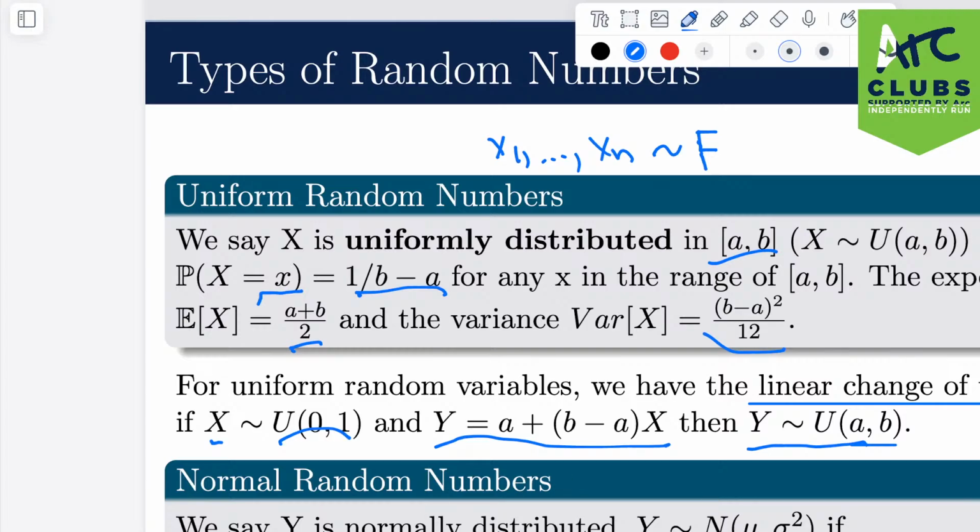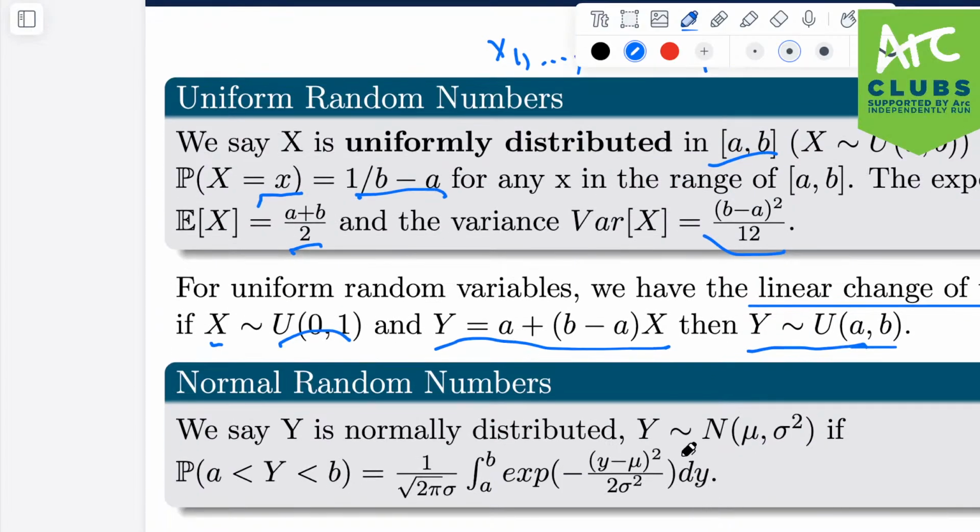And similarly, for normal random numbers, we want to generate something from N with expected value mu and sigma squared variance, right? This is the density distribution of y, and we know that the expected value of y is equal to mu, and the variance of y is equal to sigma squared.